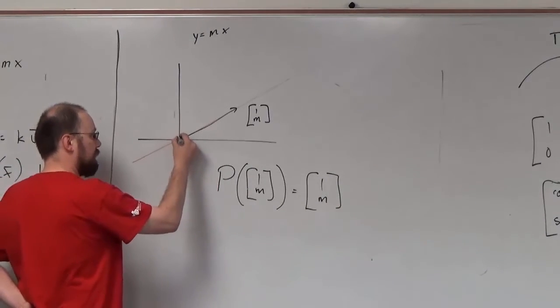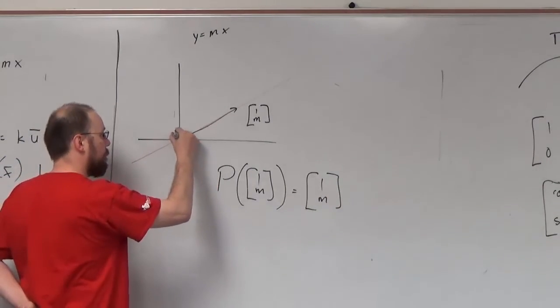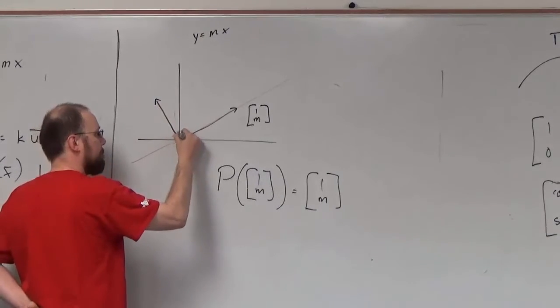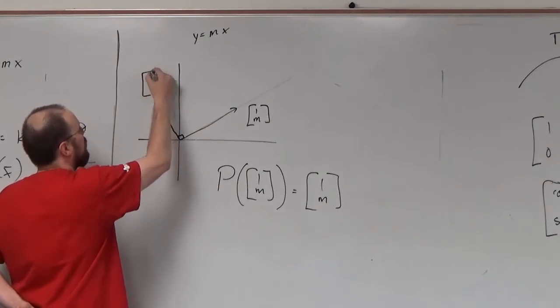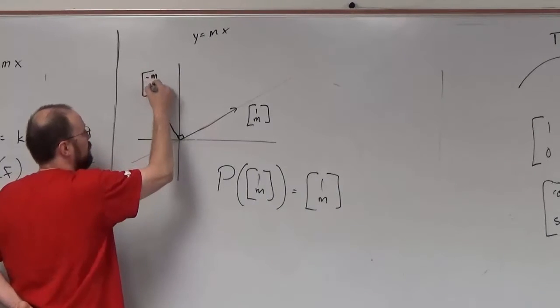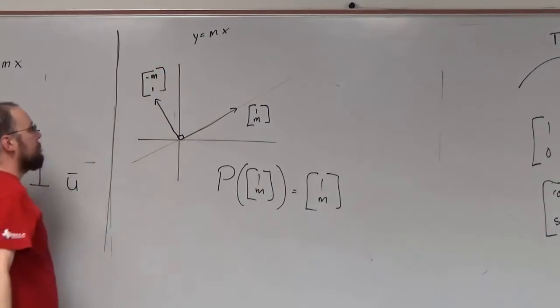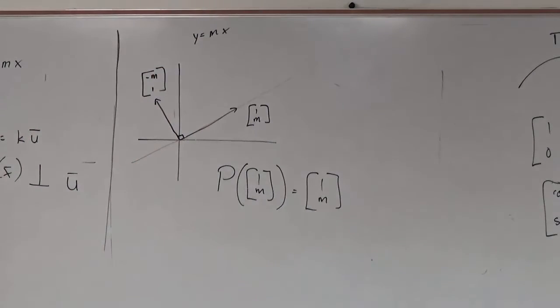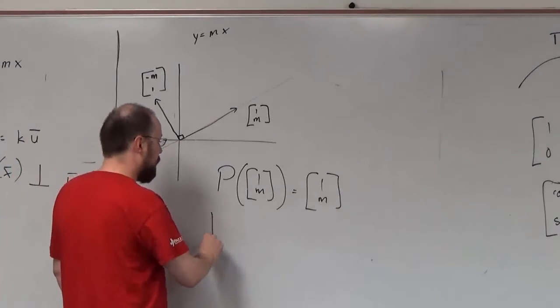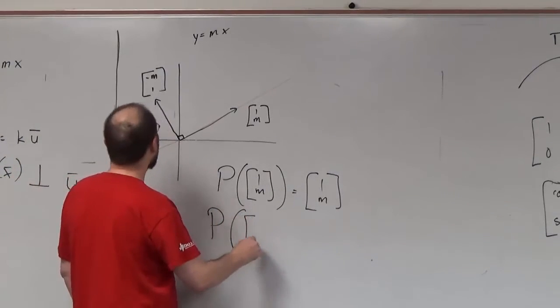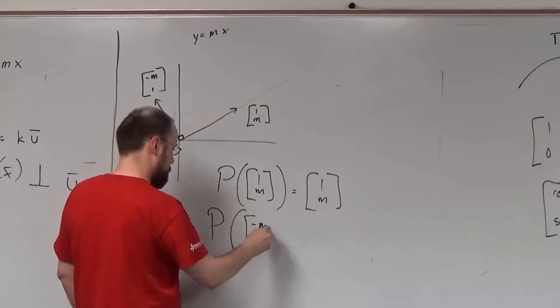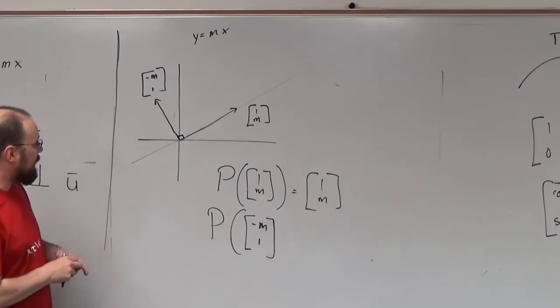However, if you take a vector that's perpendicular, say (m, -1), or whatever, doesn't matter. When you project it onto the line, what do you get? It would have to be 0.